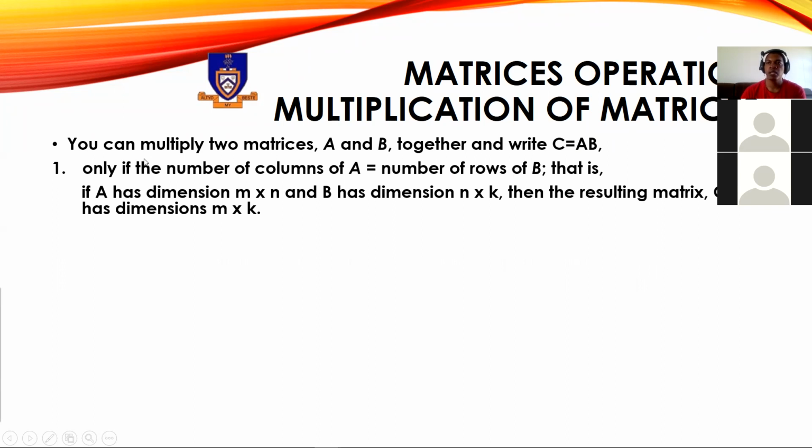We can only multiply matrices if the number of columns in A, I will underline certain keywords now so that we can see, the number of columns of A is equal to, I have a highlighter.